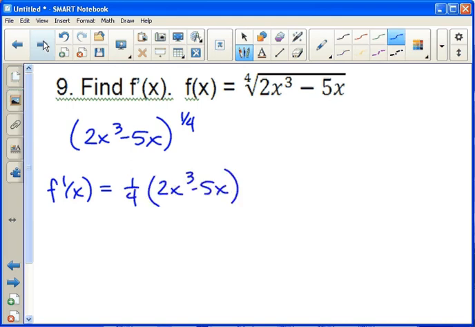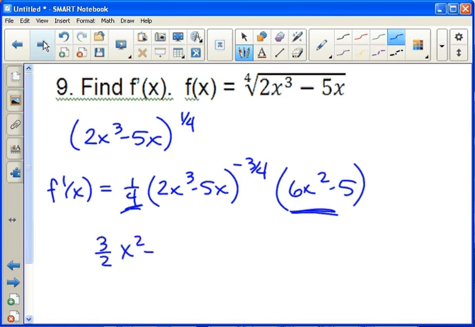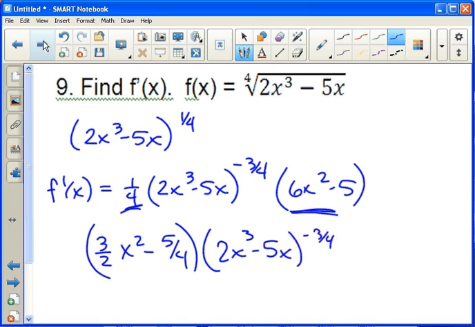Again, all you can really do is multiply this coefficient out front by this back here. 6 times 1/4 is 3/2. 5 times 1/4 is 5/4. And if you want, you can bring that 2x cubed minus 5x to the bottom and write it to the positive 3/4, but we'll just leave it right there for our purposes.